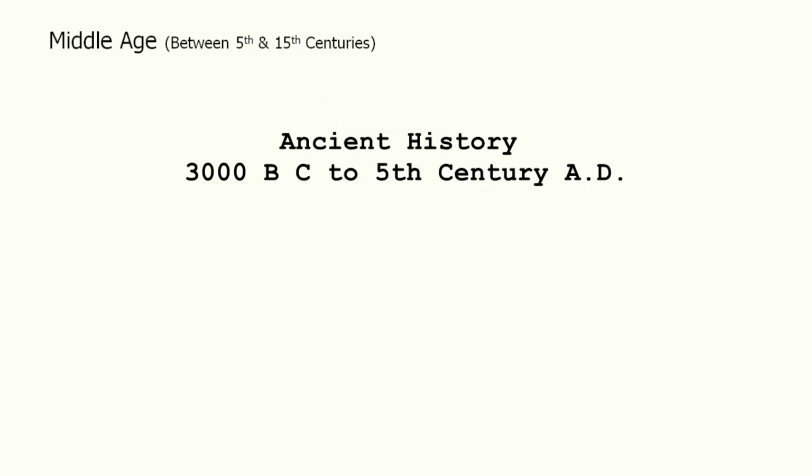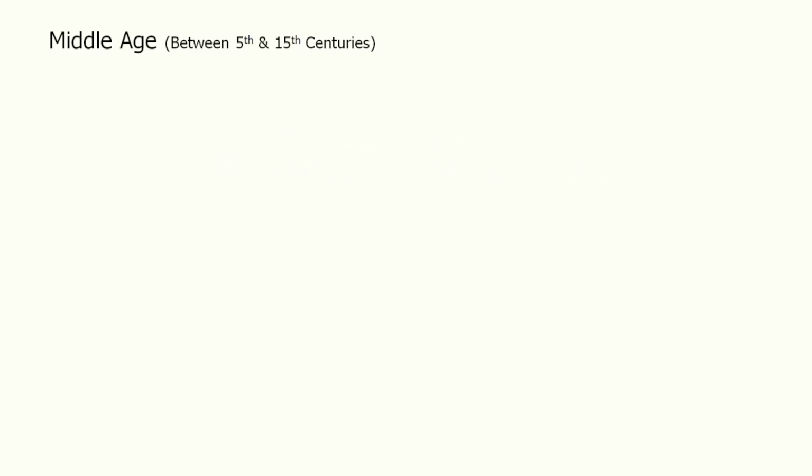And then the ancient history, starting from 3000 BC to coming to 5th century. That's a long time. And then the Middle Age, approximately starting in 5th century and going up till 15th century. This is the Middle Age.